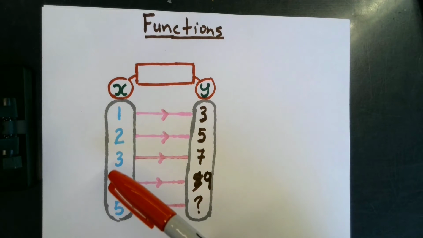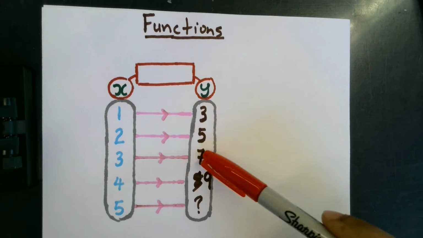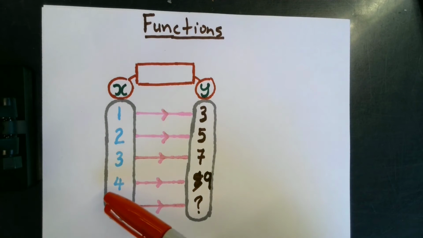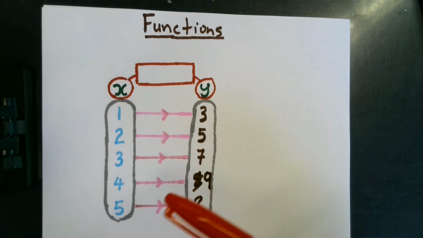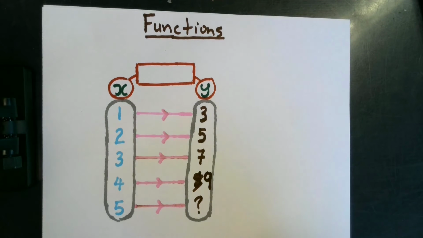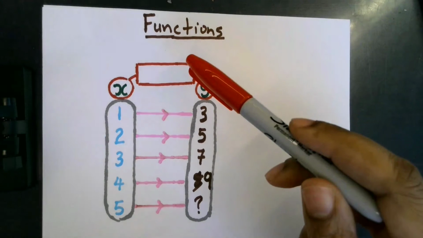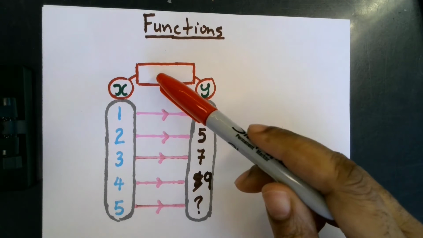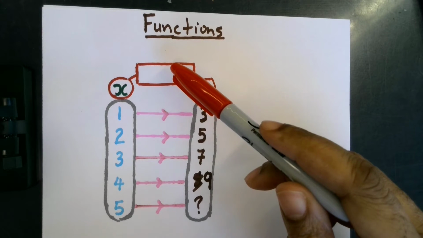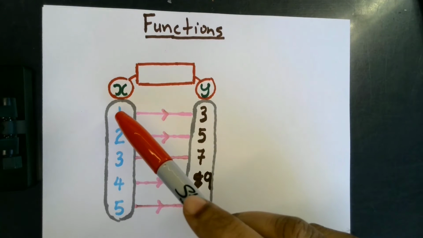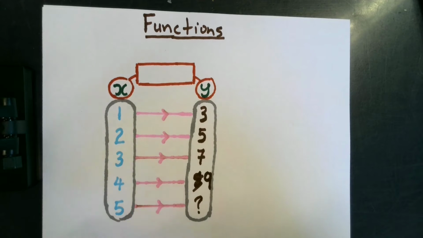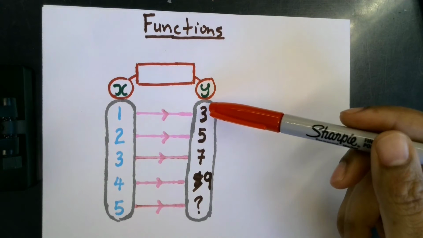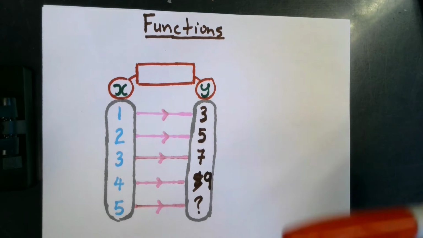It would take 3 and give you 7. It would take 4 and give you 9. So I want you to take a minute and think about what formula containing X would take each of these numbers and give us these numbers.